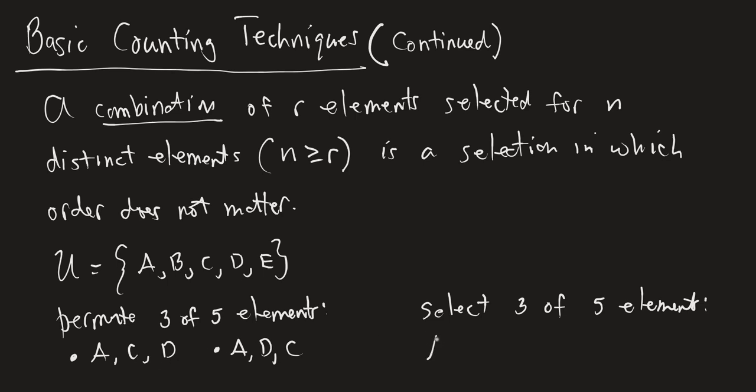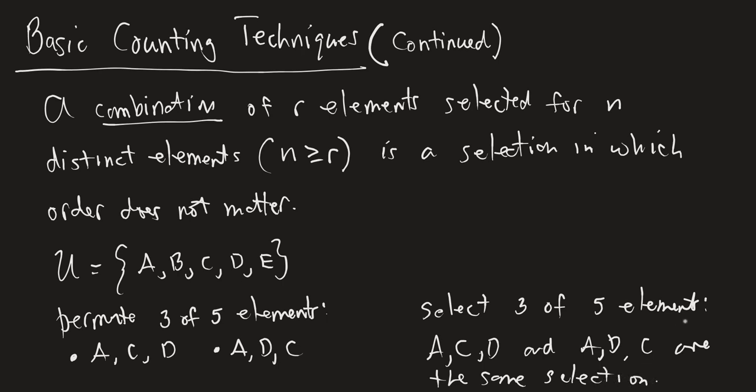So A, C, D, for example, and A, D, C are the same selection. Again, this is where we don't distinguish between the order. Our goal in this video is to come up with a formula for how many of these we can have versus how many of the permutations, which we already know.